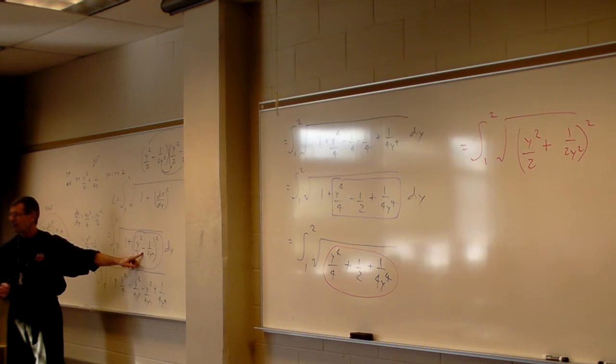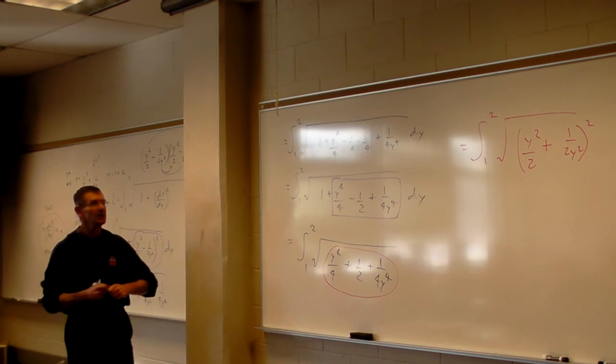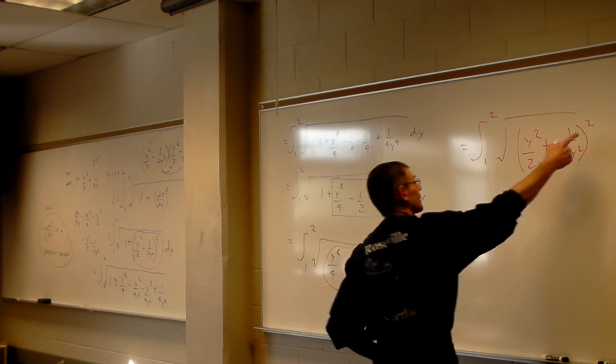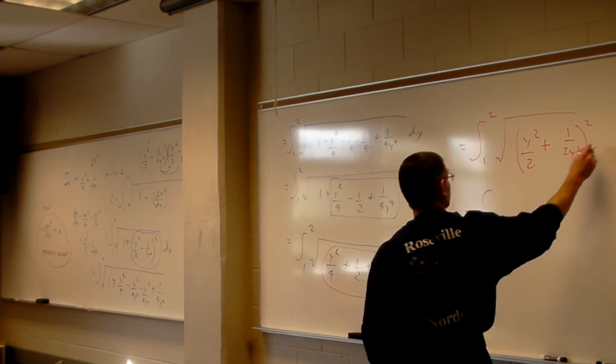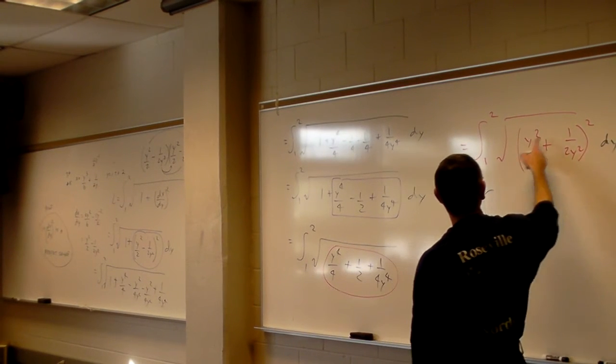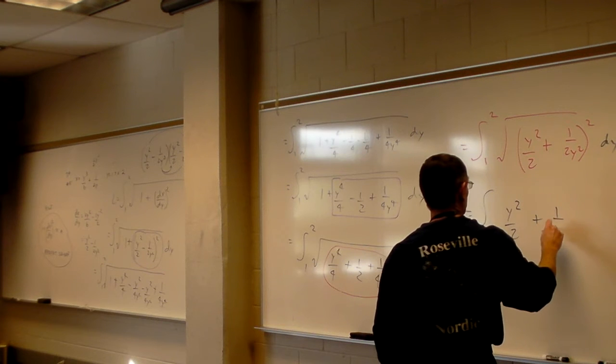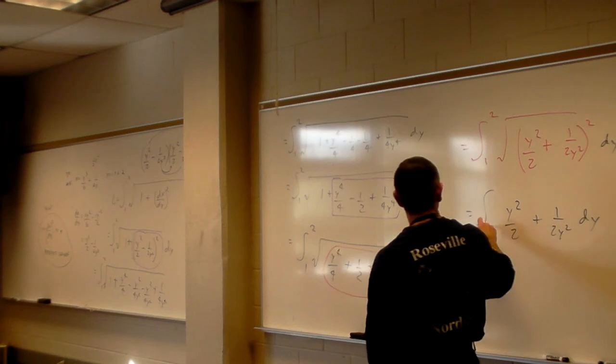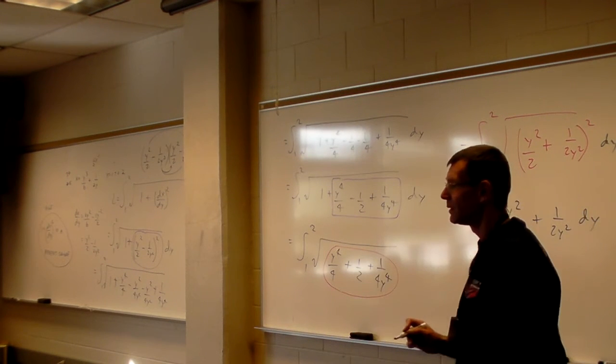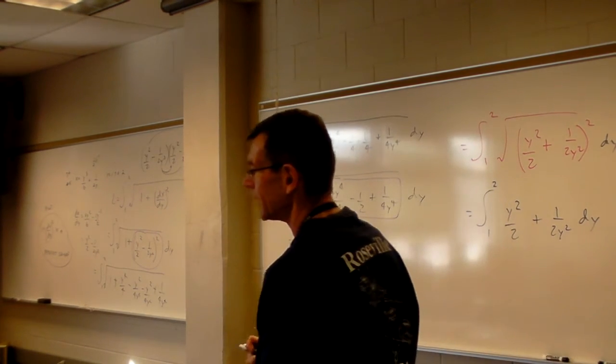And what does that give us? Now it gives us a square root of something squared, so the square root disappears, and you end up with just y squared over 2 plus 1 over 2y squared, which is a relatively easy function to find the antiderivative.